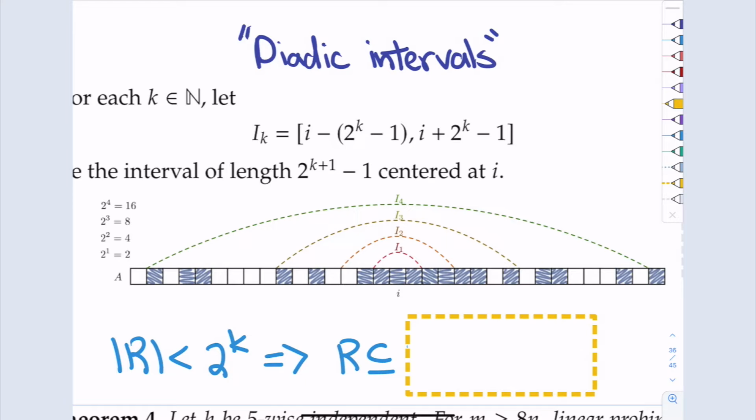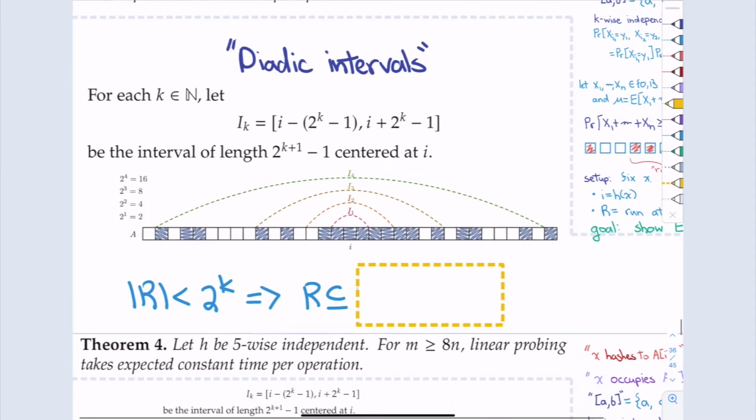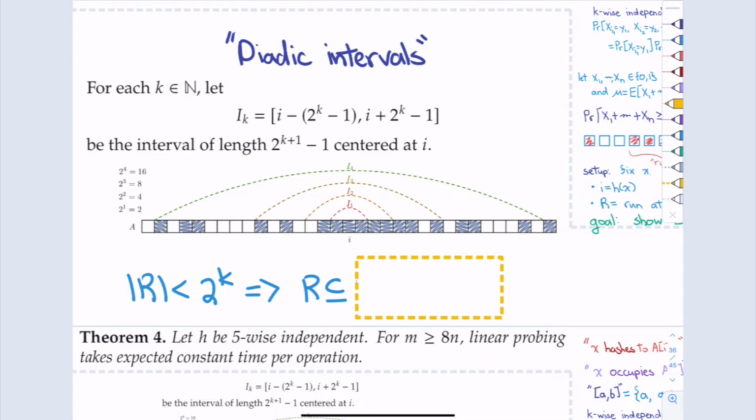The interval of length 15 around it, 16 minus 1. The interval of length 31 around it, 32 minus 1. But roughly doubling. The only reason we have this minus 1 is so it looks nice and centered pictorially. So I have this notation: I sub k will be this kth doubling in size interval around it.